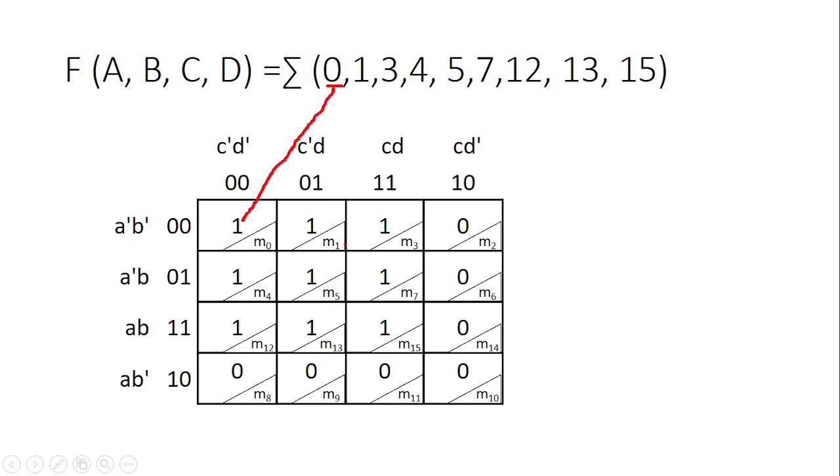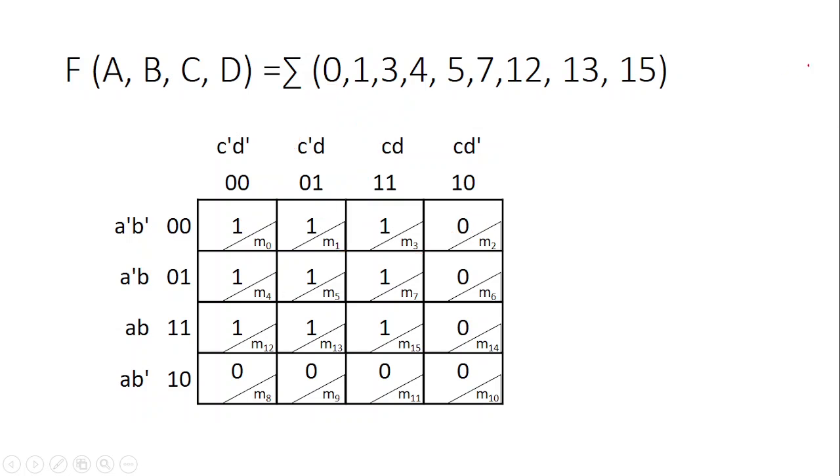Next, 1. Remember you are referring to the min term value. This is 1. 3, that is m3, is 1. 2 is not specified, so you mark it as 0. In this expression, whichever is not specified is zero. Whichever numbers are specified, the corresponding min terms have to be made 1.